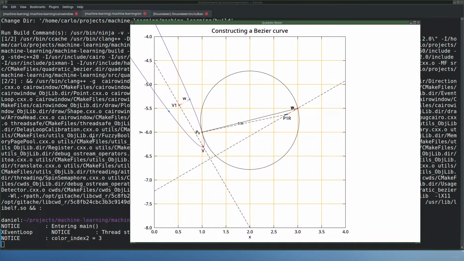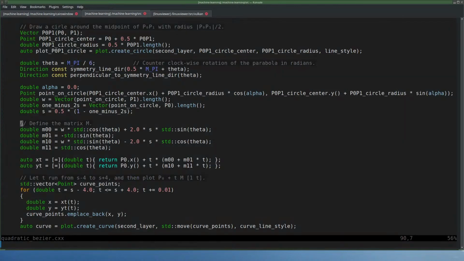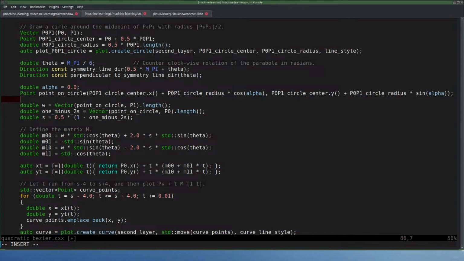Let's begin with, okay, I take it completely back. That's so not working. Let's begin with drawing this point here, the point on the circle, because by now I'm starting to wonder where the hell it is. Auto plot that point.